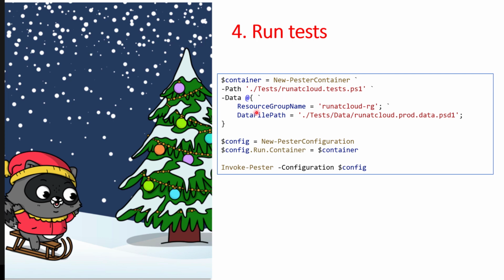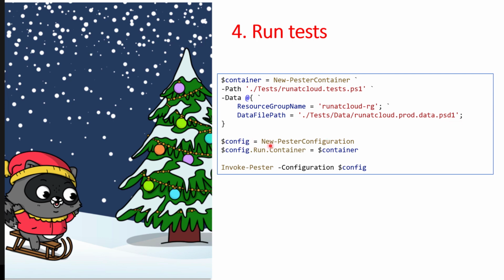And if you recall, what we had as parameter for this test file is the resource group name. We pass the value here, and the path to our partial data file, which value is passed here.